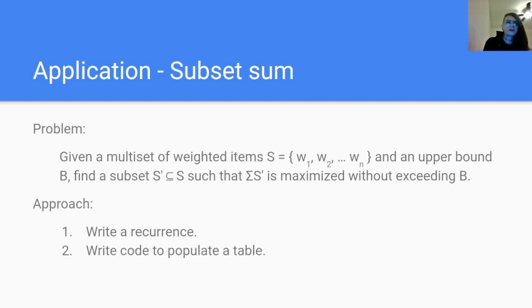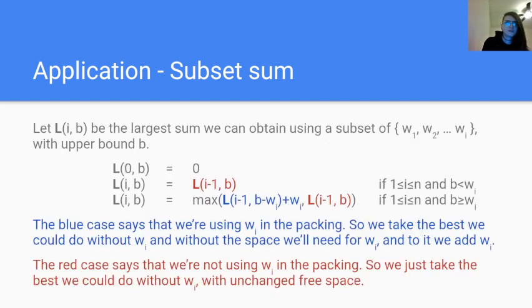All right, so here's going to be our recurrence. Let L of i be, here we have two variables in our recurrence now. It's going to be a two-dimensional table. How about that? Let L of i comma b be the largest sum we can obtain using a subset of the first i items. So put all your items in a row.